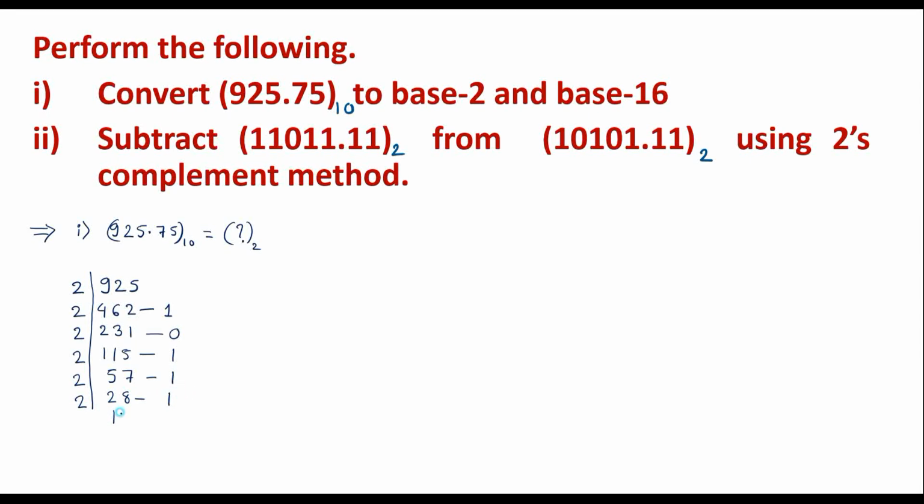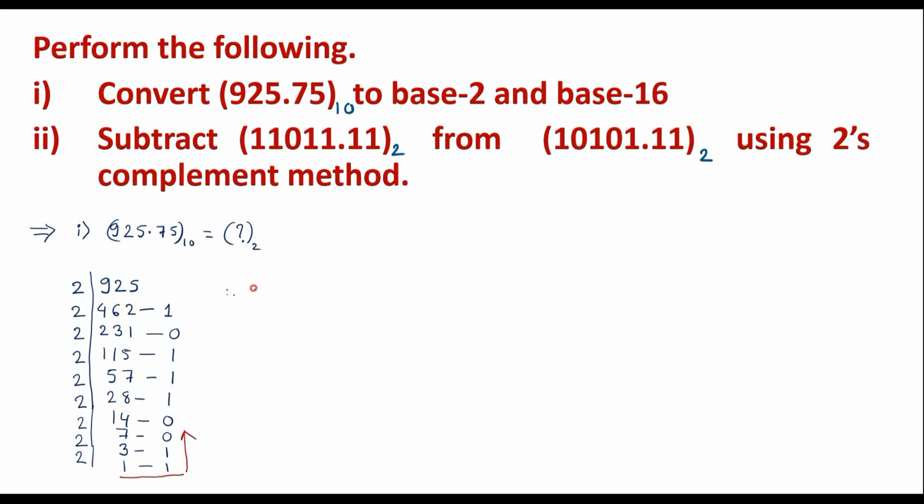Further divide by 2, that is 14, remainder is 0. Further divide by 2, it is 7, remainder is 0. Further divide by 2, it is 2 3s are 6, remainder is 1. Further divide by 2, we'll get 2 1s are 2, remainder is 1. Take the number from bottom to up in this fashion.